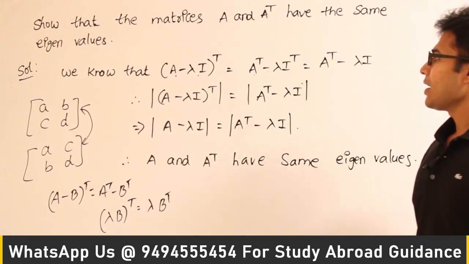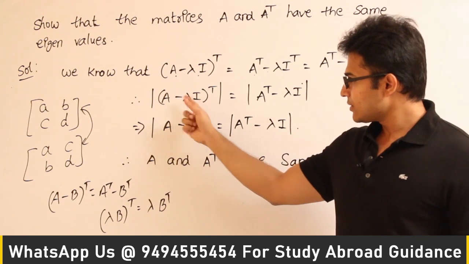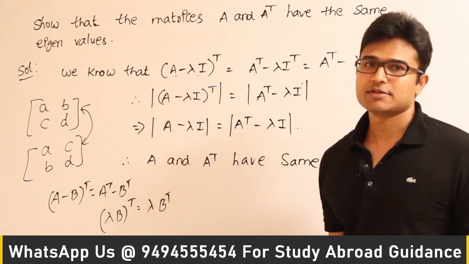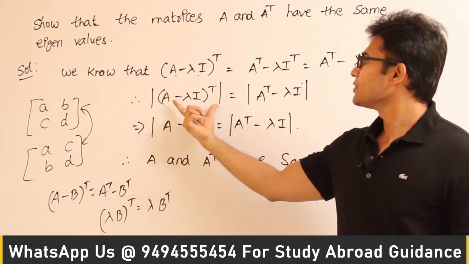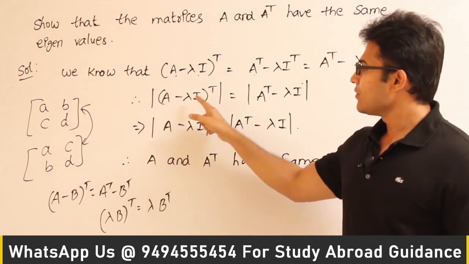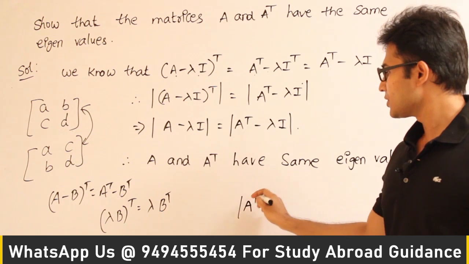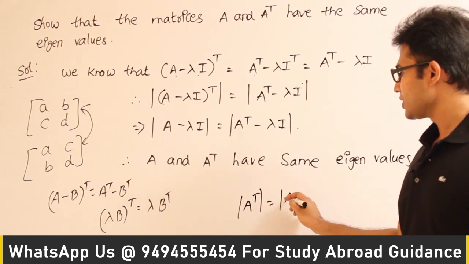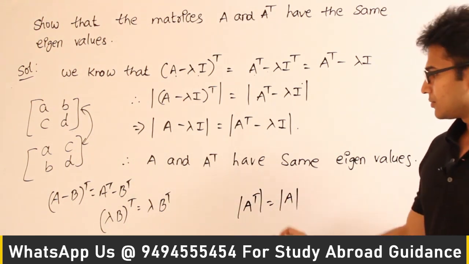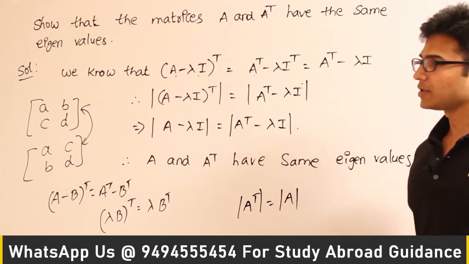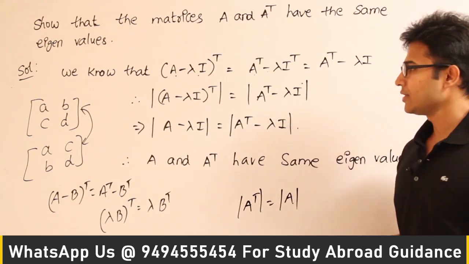Okay. And now we know that if you consider this entire thing as a single matrix, and you are trying to find its determinant, we know that the determinant of A transpose is equal to the determinant of A. We already know that, right?